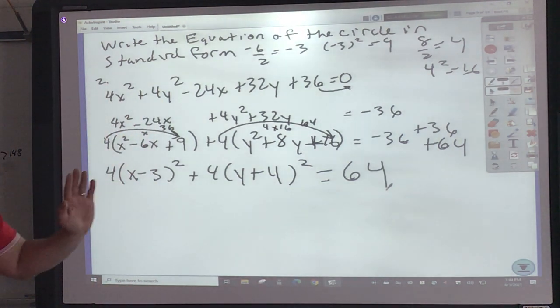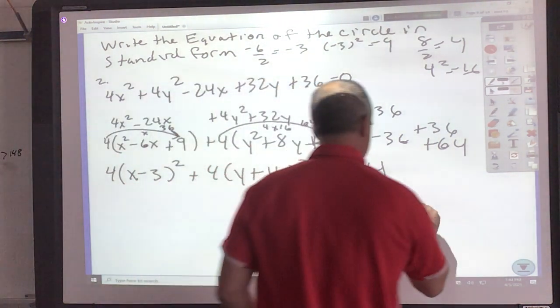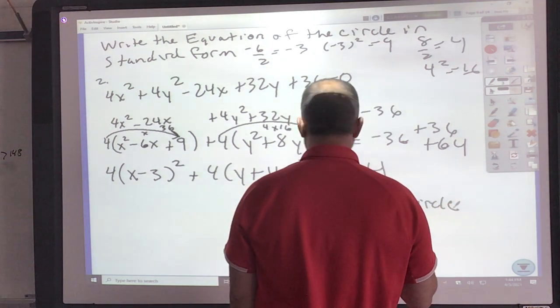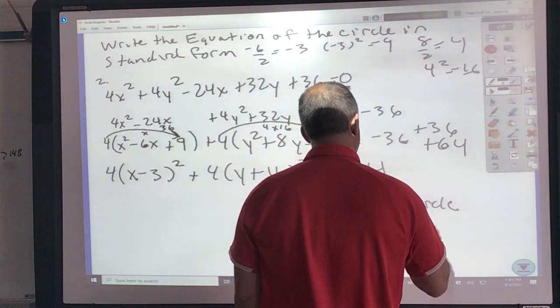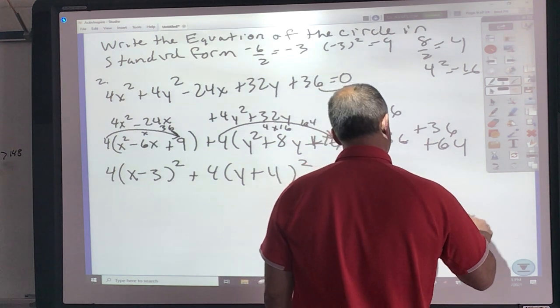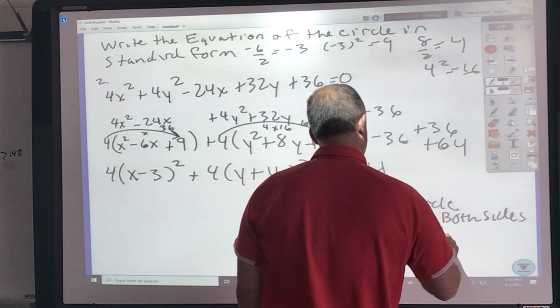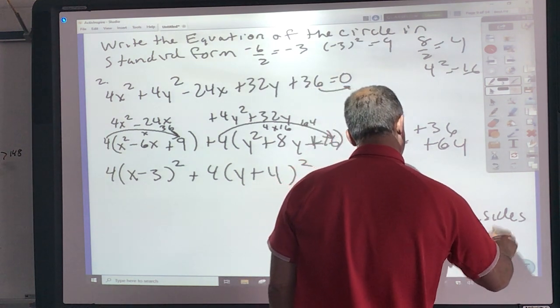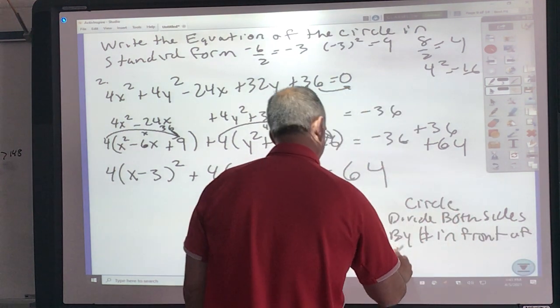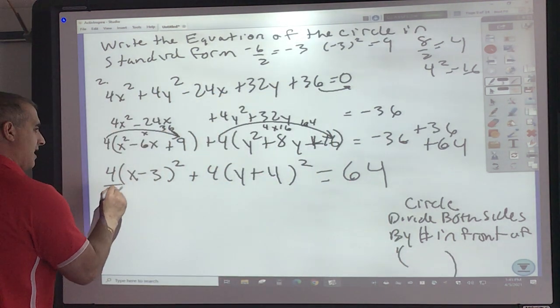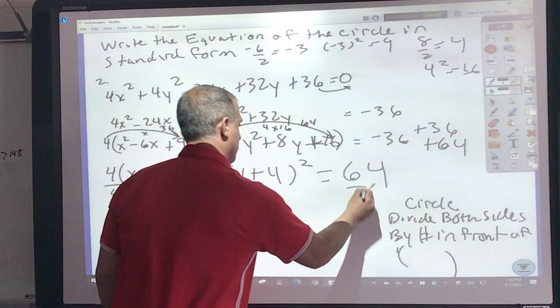Now what you have to do with the circle, to finish your problem, you got to divide both sides by the number in front of the parentheses. So what I'm going to do is divide everything by 4.